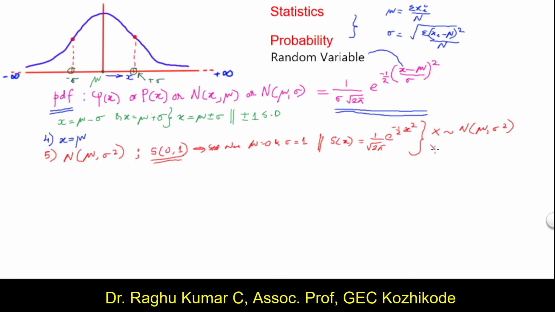Similarly, if you see another x1 with N(0, 1), this means x1 is a random variable having a standard normal distribution. This is the difference between normal and standard normal.